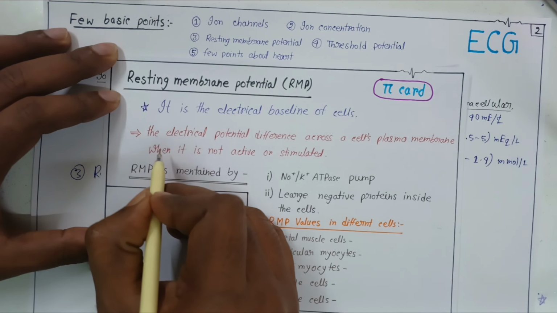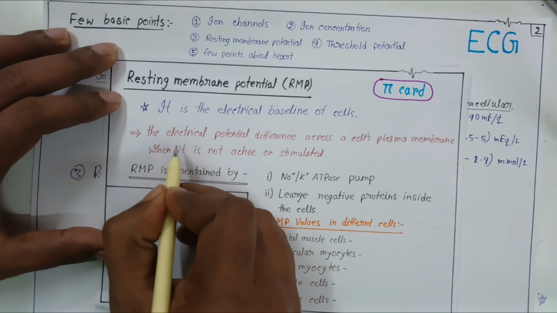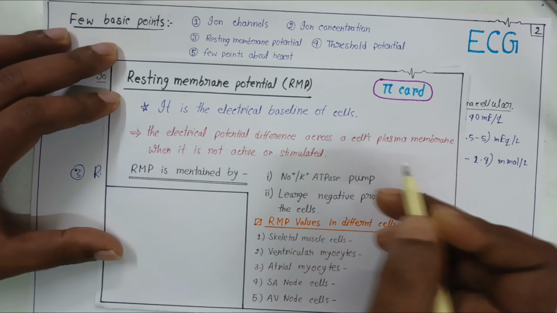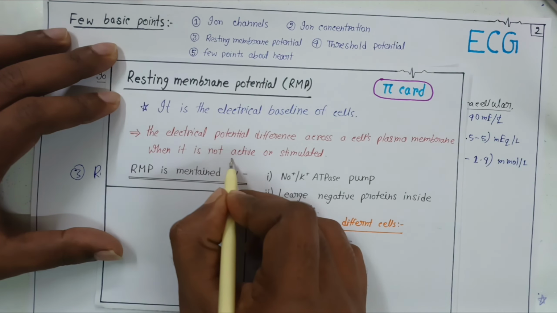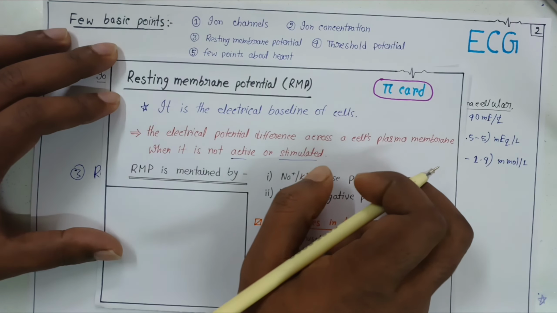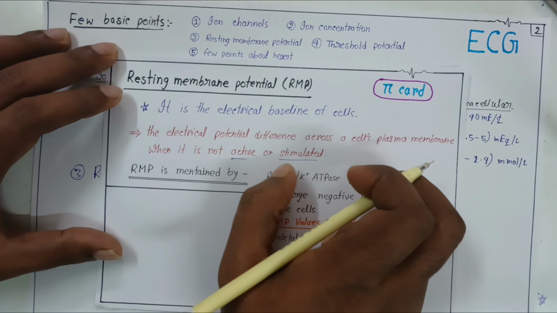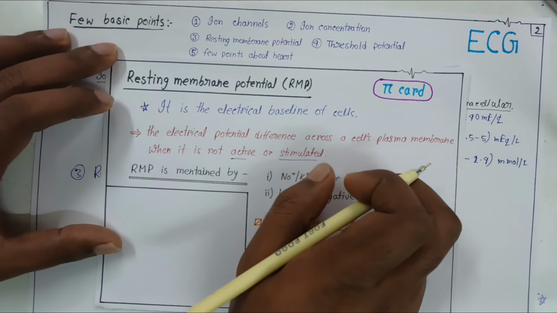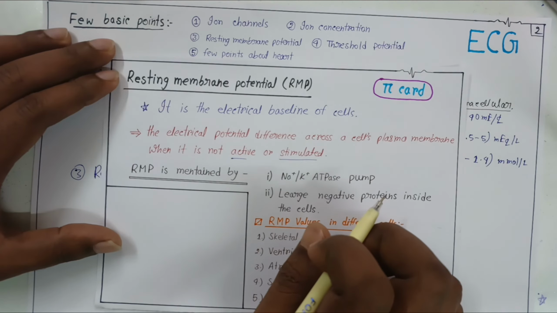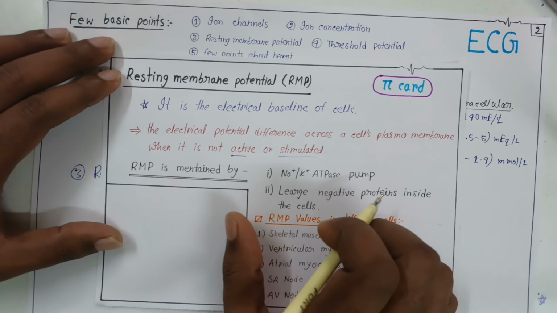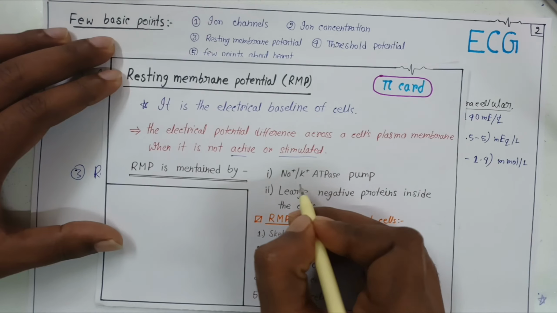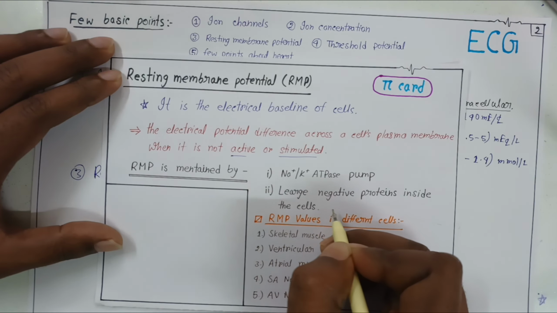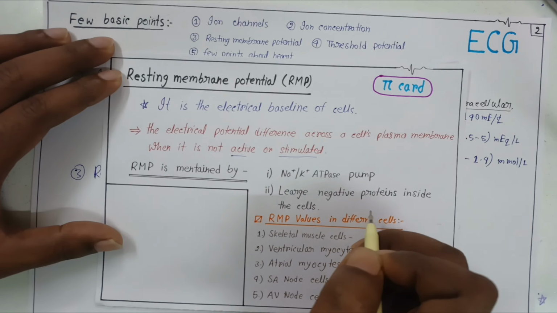That means resting membrane potential, RMP, is the electrical potential difference across the cell's plasma membrane when it is not active or stimulated. So this point is important. Resting membrane potential is maintained by the sodium potassium ATPase pump and the large negative proteins inside the cells.